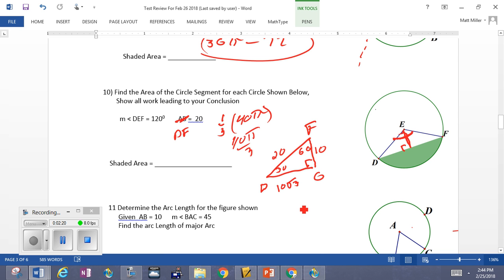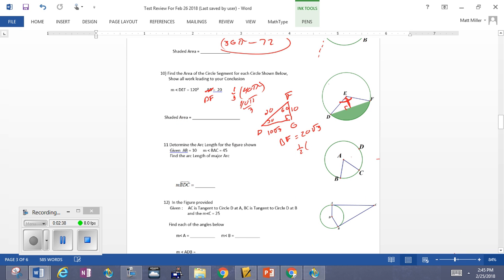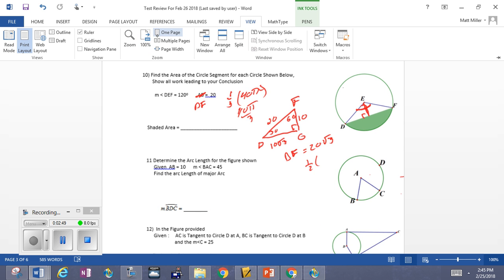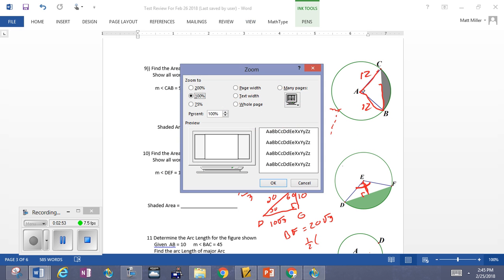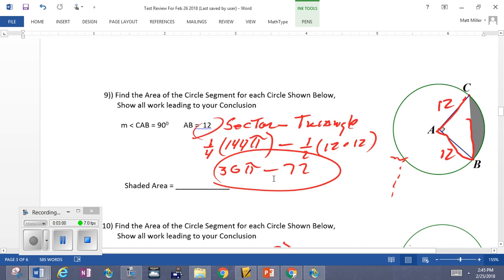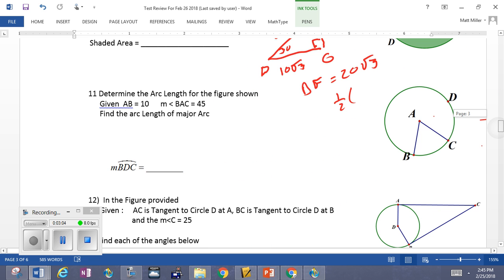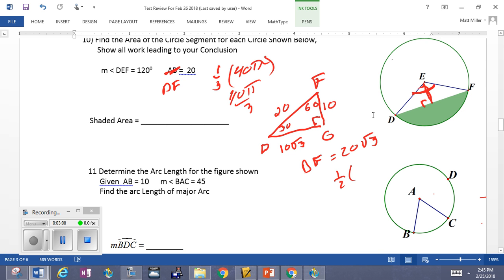DG is 10 to the root of 3, that means DF is twice that, 20 to the root of 3, which means my area of my triangle is 1/2 of the base times the height. Sorry about that.